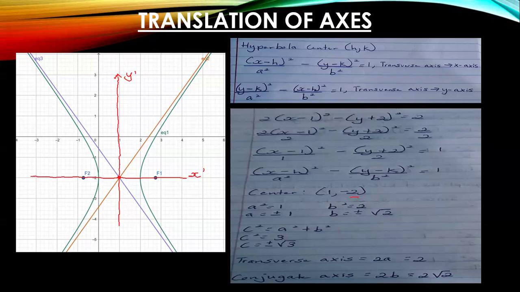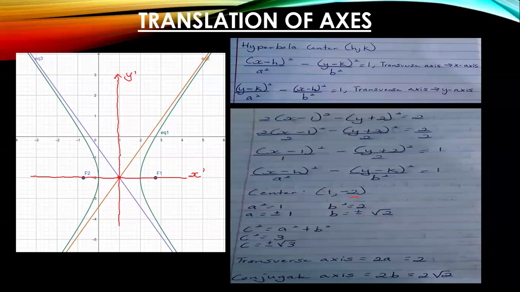Next, we're going to find our a value. What is our a value and what is our b value? We know that a squared is 1. If we square root 1, it's going to give us plus or minus 1. And if we square root 2, it's going to give us plus or minus root 2.